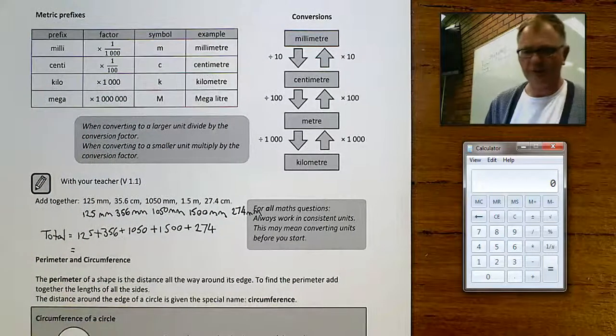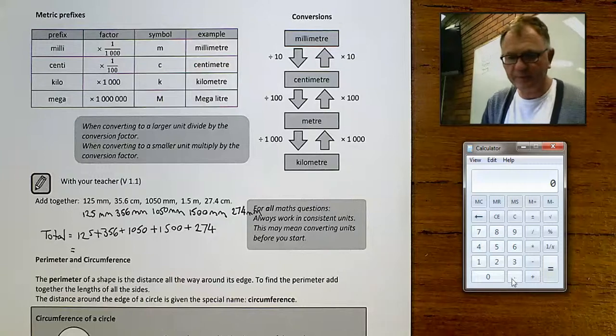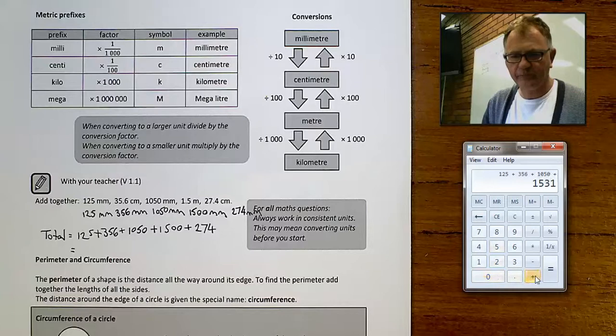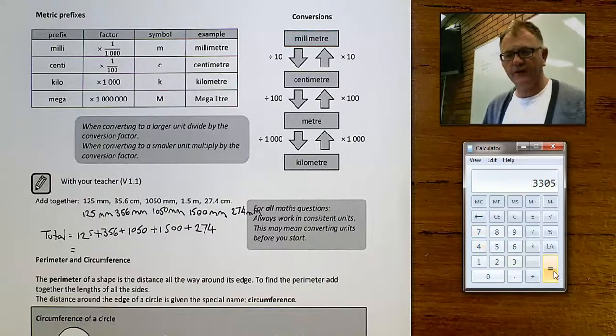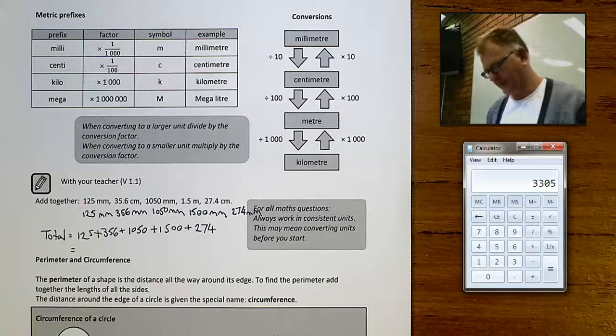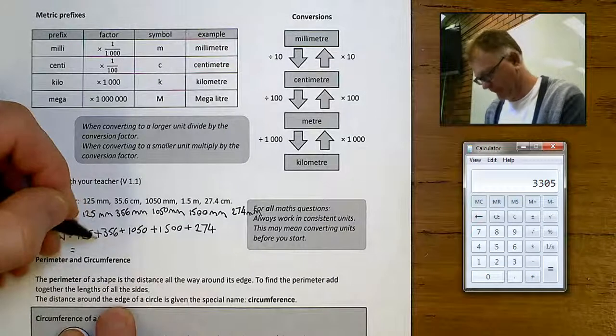We can add them all up on the calculator. And we get 3,305 millimeters.